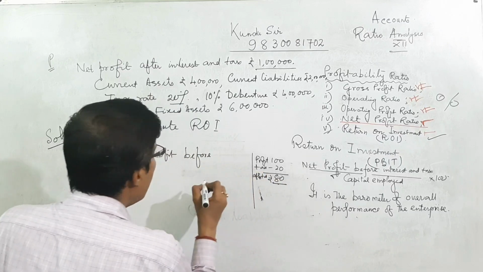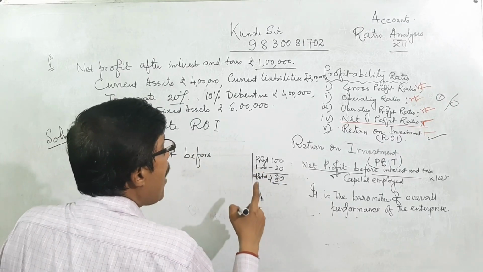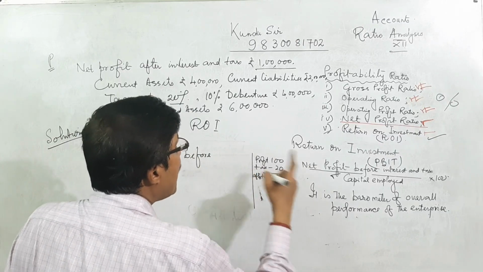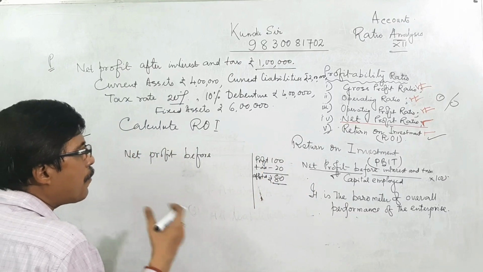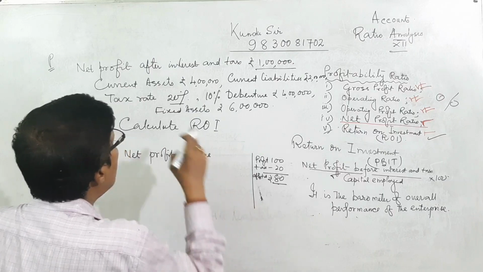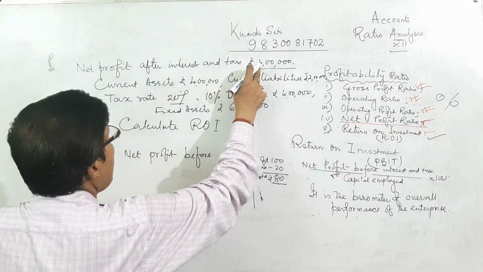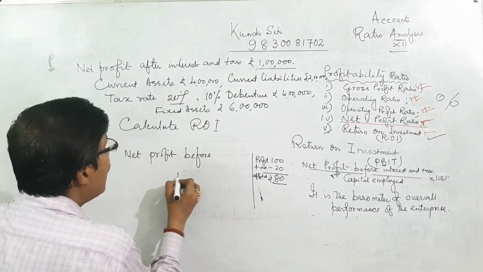When 80 is after tax, before tax is 100, and we want to calculate before tax.